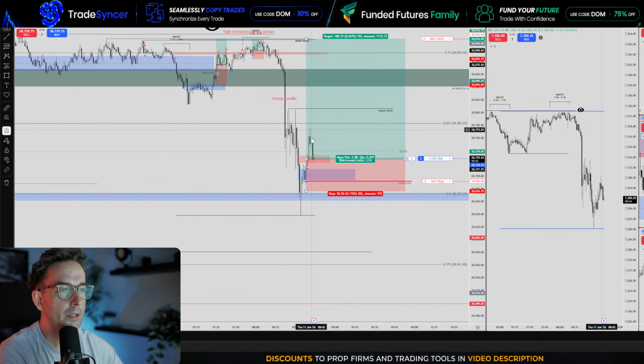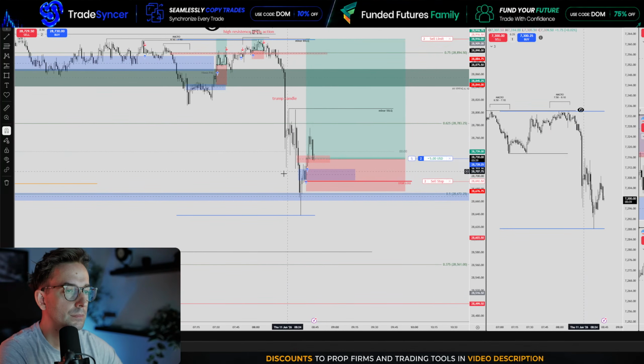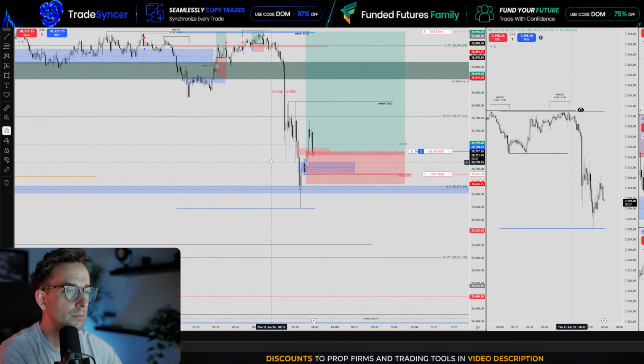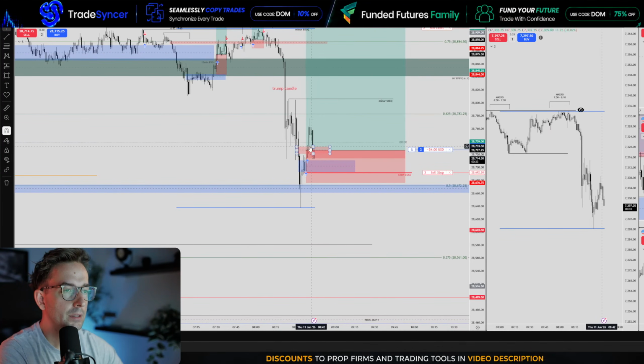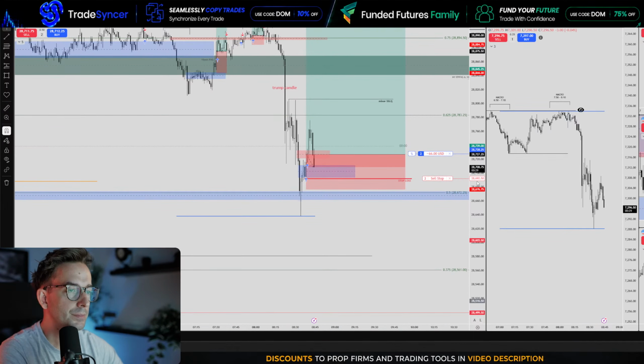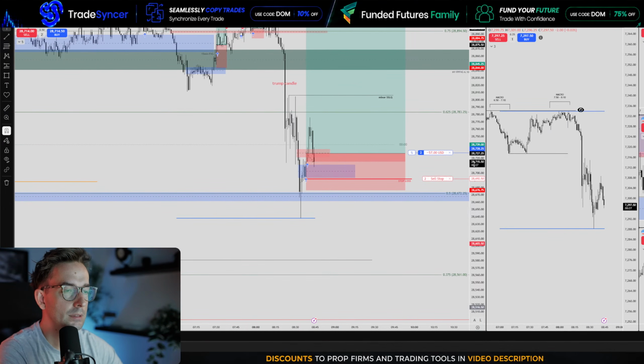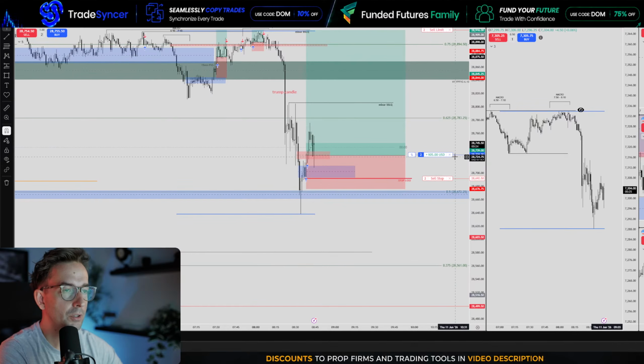Once we push this high here, we'll go to break even. This right here, so we broke one PD array, two PD array. This may be, let's see here. Perfect.